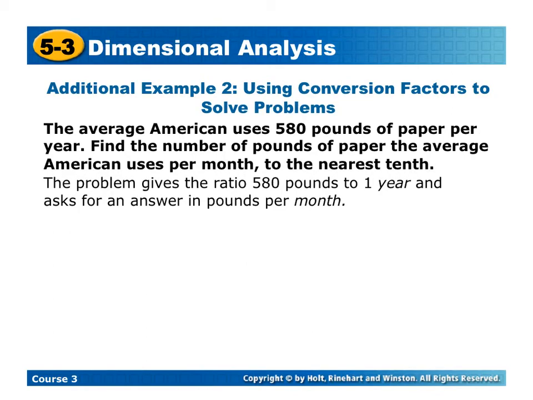Now that we know how to create the ratio, let's look at how we actually use this to solve a problem. The average American uses 580 pounds of paper per year. We want to find the number of pounds of paper the average person uses per month to the nearest tenth. So here, the problem gives us the original ratio of 580 pounds to 1 year.